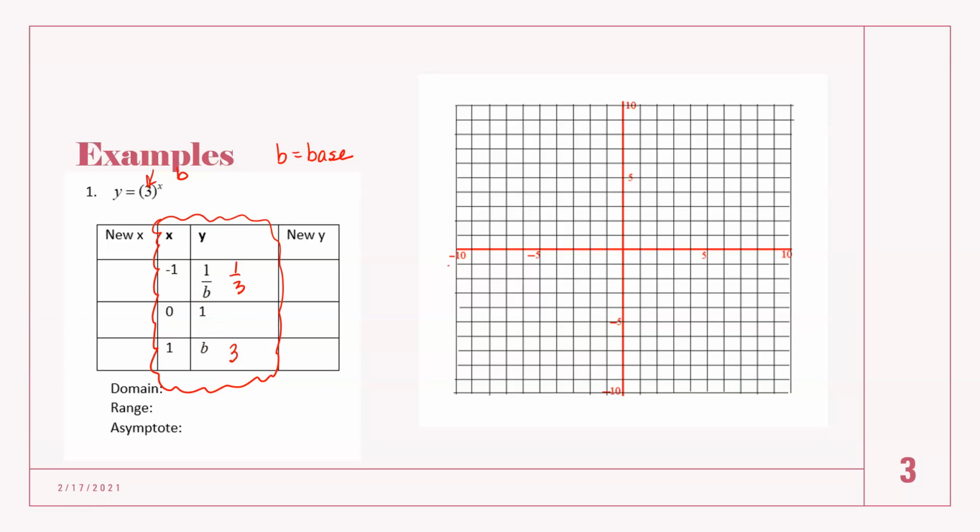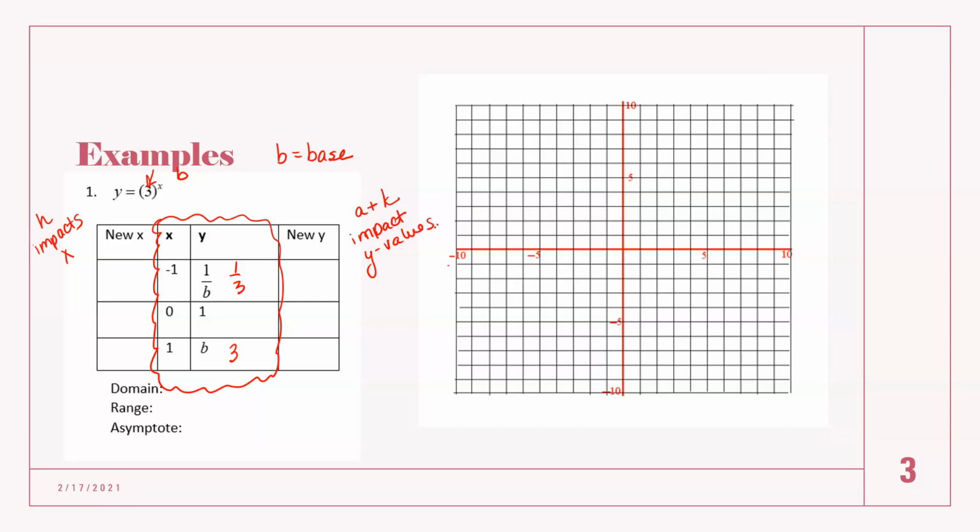So if this wasn't the parent, any h would impact the x, so h in the equation impacts the x value, and the a and the k in the equation impact the y values. And you'll see after the parent, you'll see what happens.